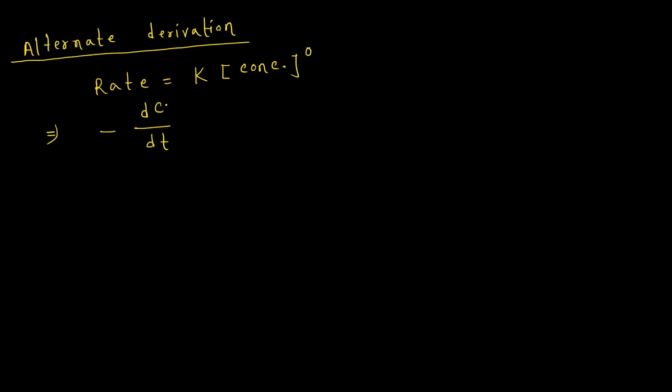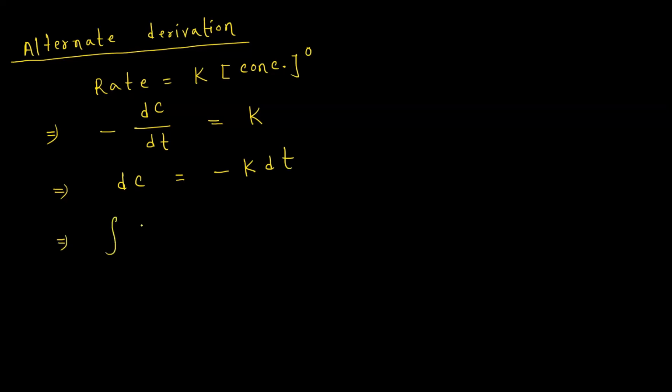Here dC is our change in concentration of reactants divided by change in time. So we can write dC is equal to negative K dt.